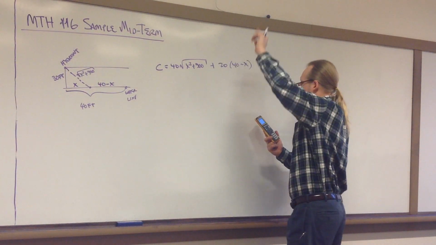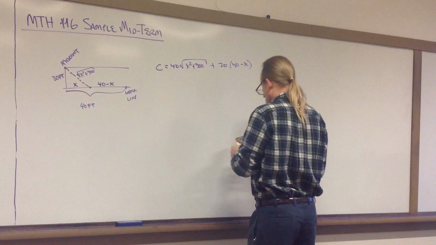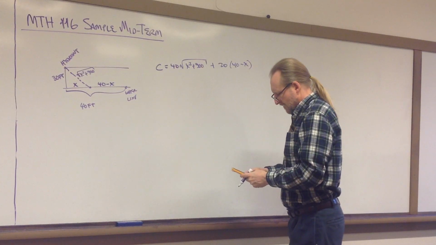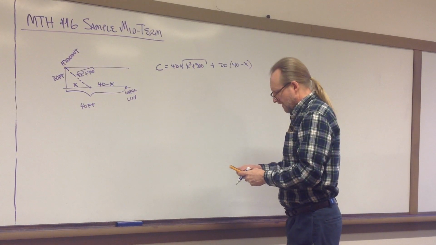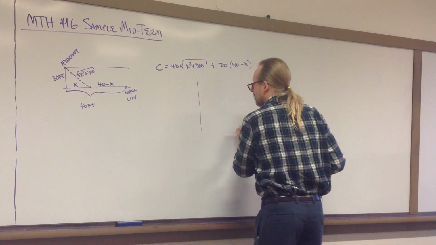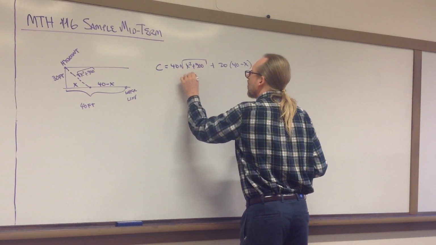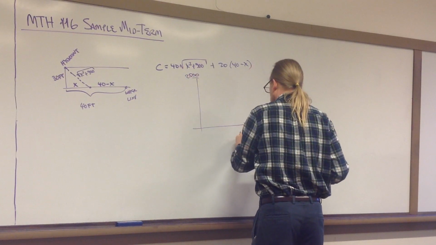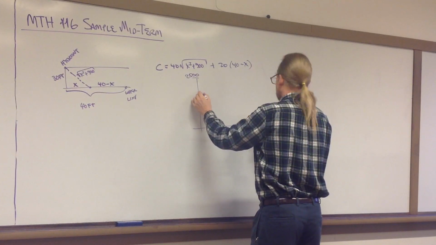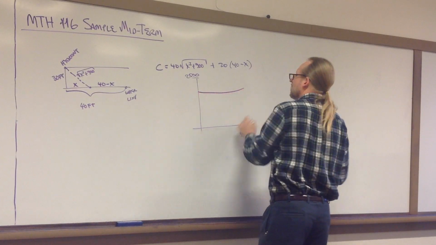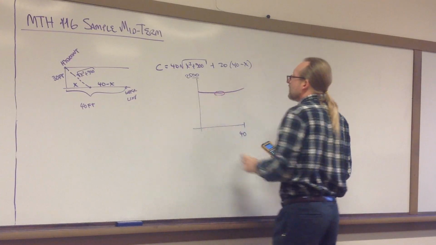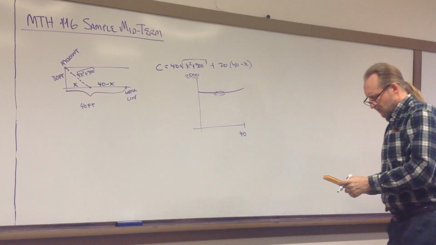It puts the curve way, way up at the top. Let's change that and make my y maximum 2,500. That'll give us a little bit better look at the curve. And this goes out to 40. And then we've got this kind of shallow curve right here. Somewhere in the middle there, we're going to get a minimum.